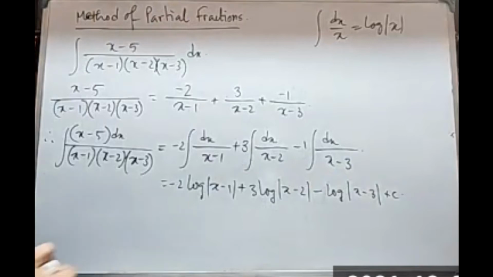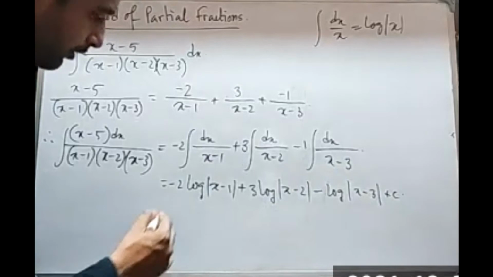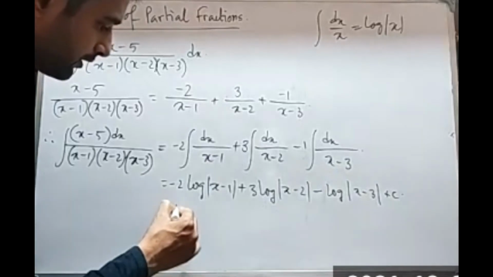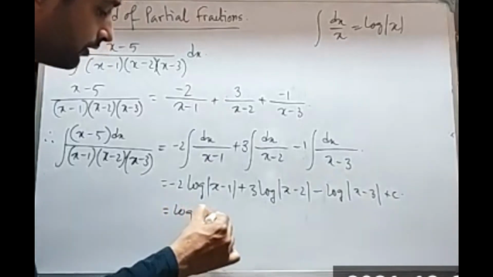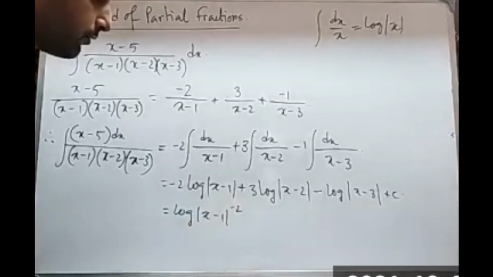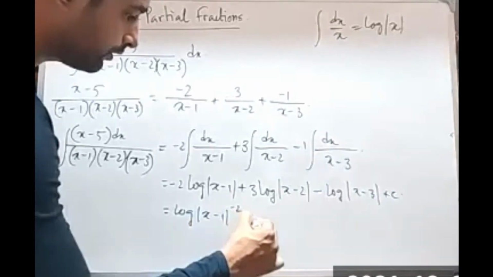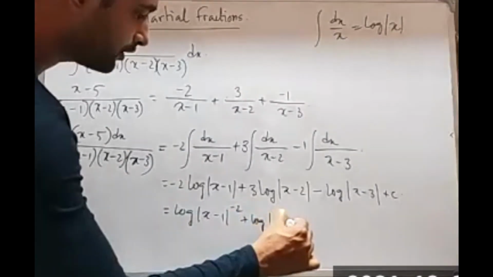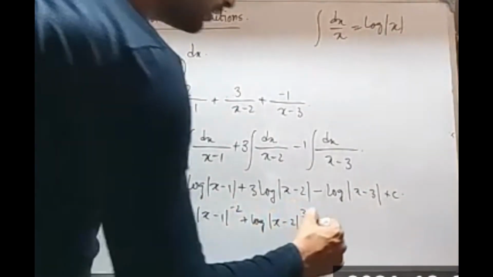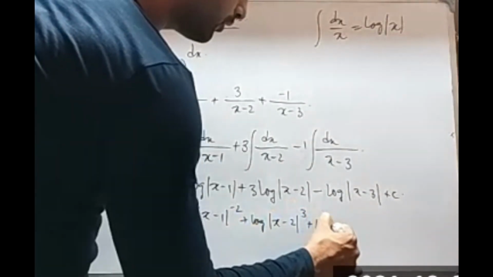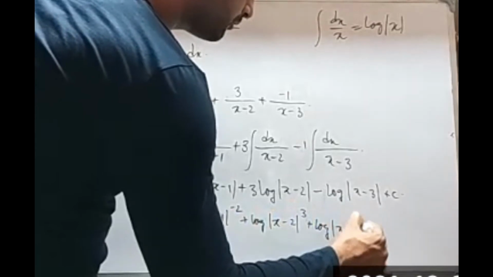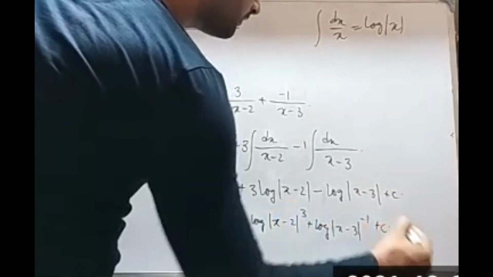So easily we can see, after applying the properties of log, it is log of (x minus 1) to the power minus 2, (x minus 2) to the power 3, and (x minus 3) to the power minus 1, plus c.